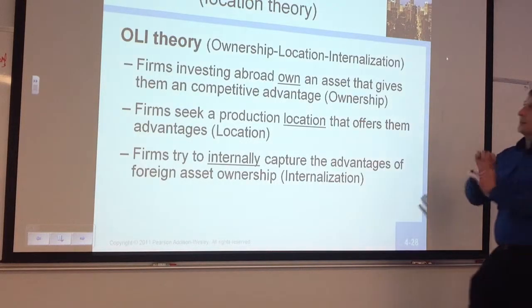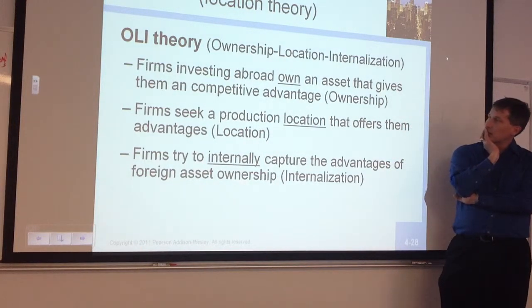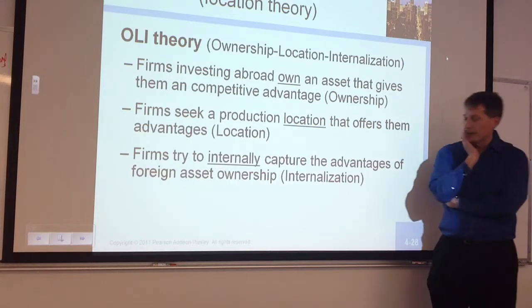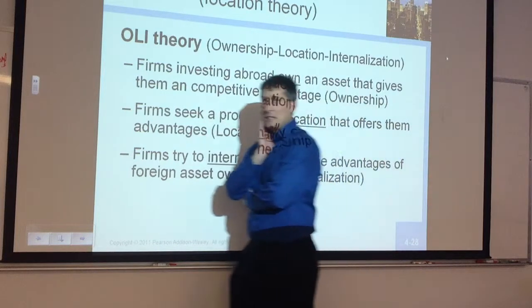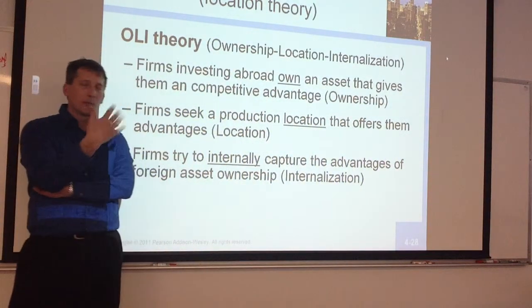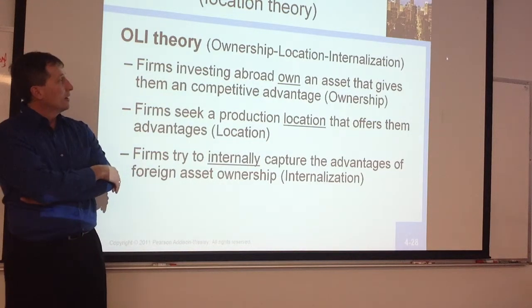All right, so those types of questions gave rise to, I think his name was Dunning's OLI theory. And this one's not so much a trade theory. So we've been looking at theories of international trade and what causes countries to trade, comparative advantage, Heckscher-Ohlin, all that stuff.